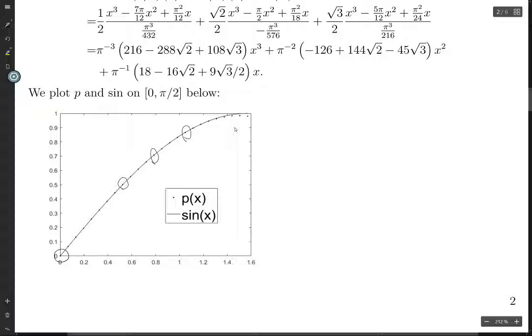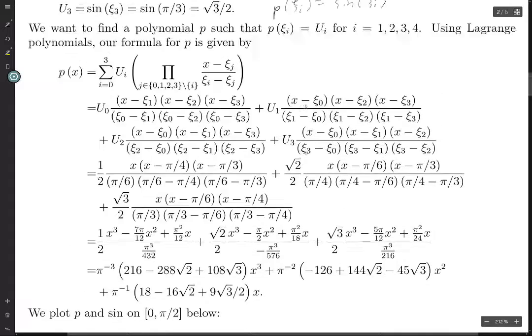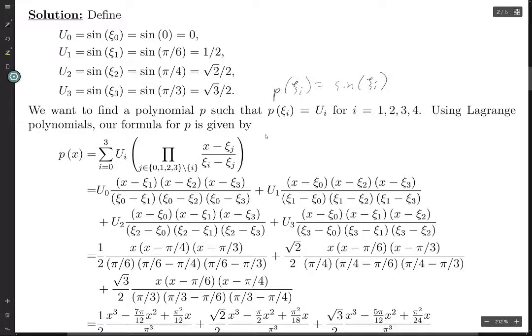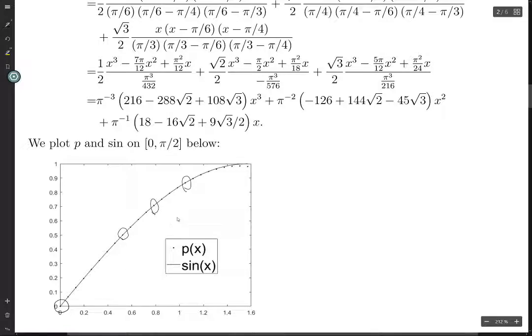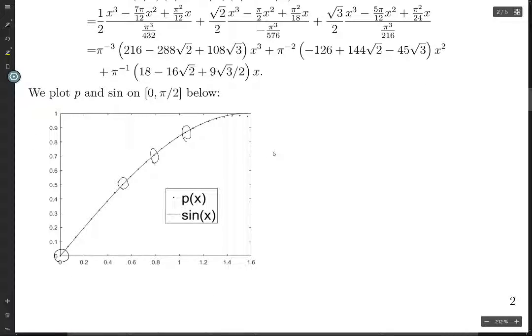But yeah, that's about it. Not only have we constructed a polynomial of degree 3 to approximate sine, but we can actually see if we're doing a good job, and we are.